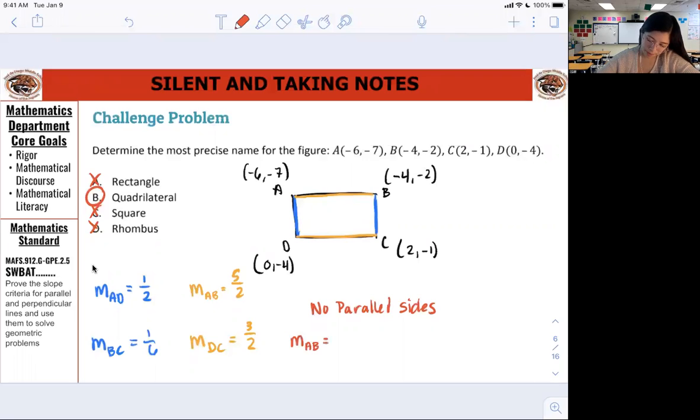So AB, we know we're doing y2 minus y1 over x2 minus x1. So what would I write into here? We're doing AB.